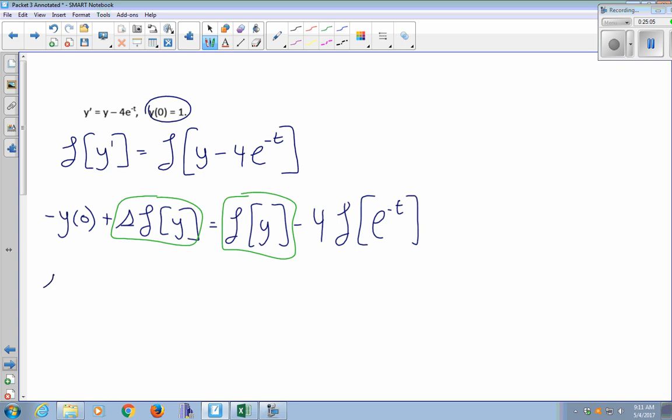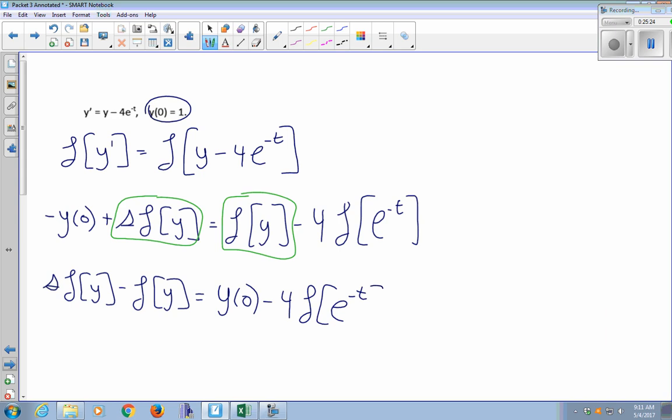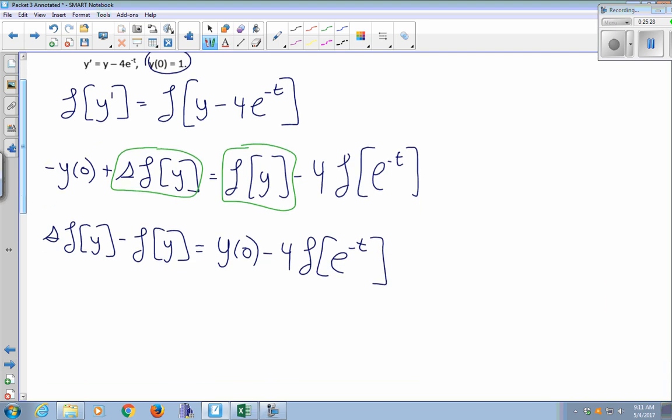So I have s times the Laplace of y minus the Laplace of y equals y of 0 minus 4 times the Laplace of e to the negative t. But what is y of 0? 1. I happen to know that because it was given as my initial condition. So I'm going to erase that and put a 1.